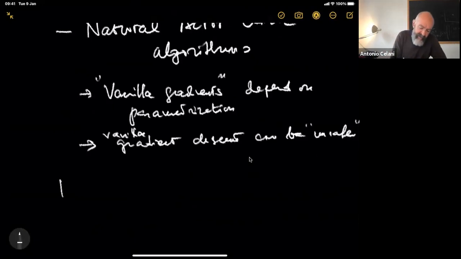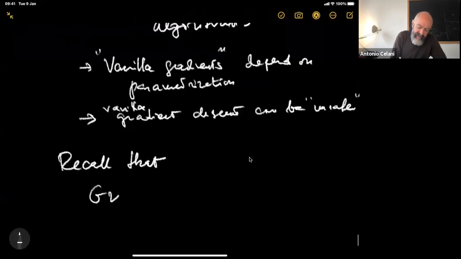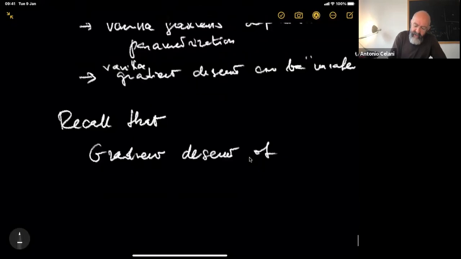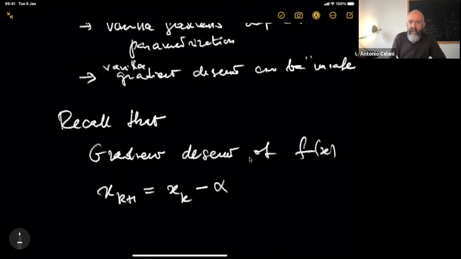So recall that gradient descent of a function f can be written as a sequence of approximations or steps, in which the new step is the previous step minus some learning rate times the gradient of f evaluated in x_k. Okay, so this is what gradient descent does. You evaluate the gradient and you make a step in that direction.